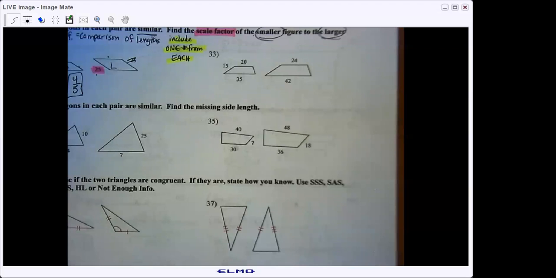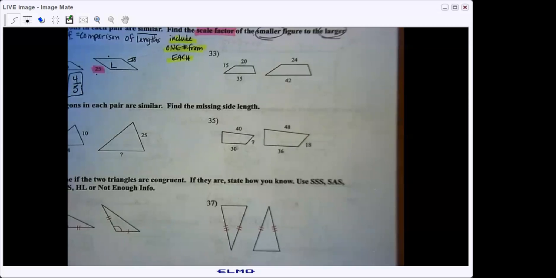Okay, appreciate the I don't know. If you put in an answer with the fractions, go ahead and reduce them and just write them on your paper.